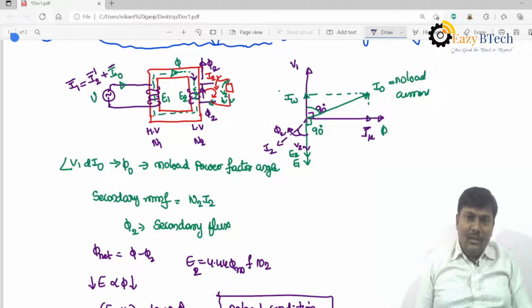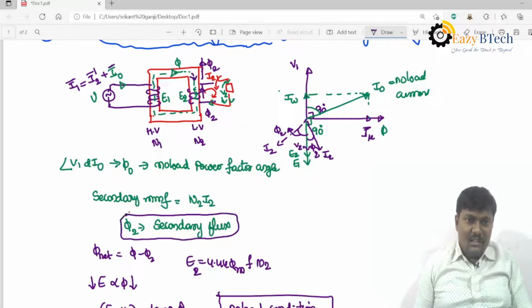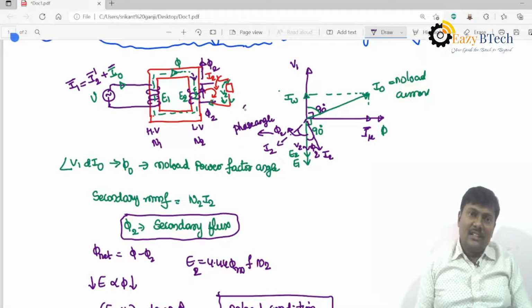For a leading load with respect to V2, I2 leads at an angle of phi 2. Here phi 2 was called the secondary flux, but here this phi 2 is called the secondary phase angle.